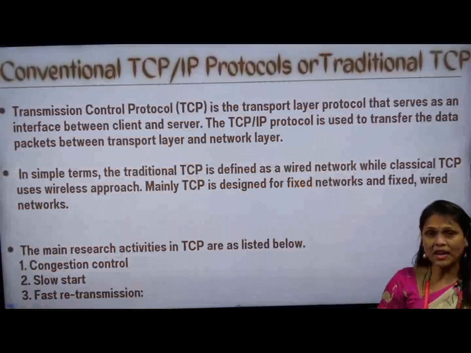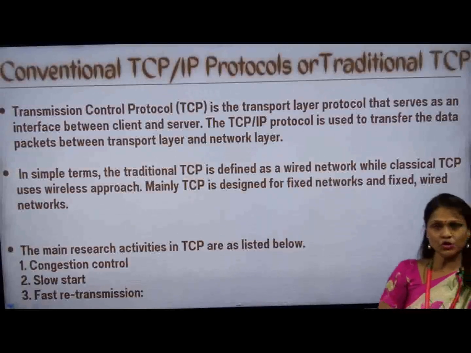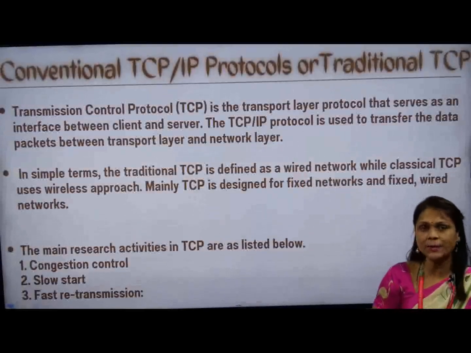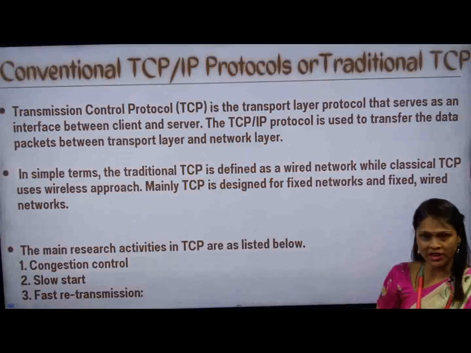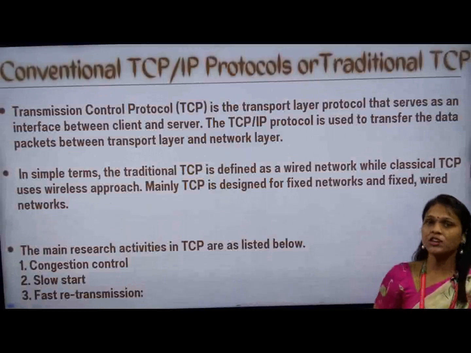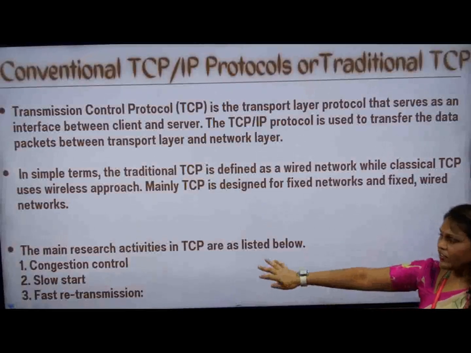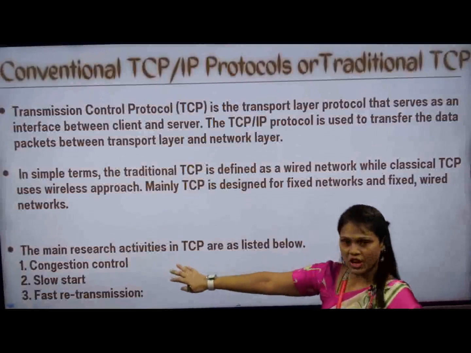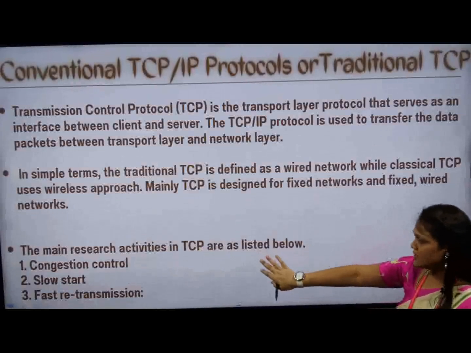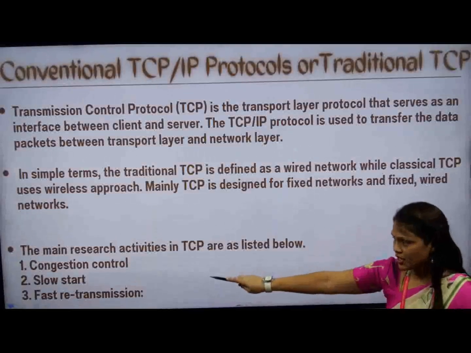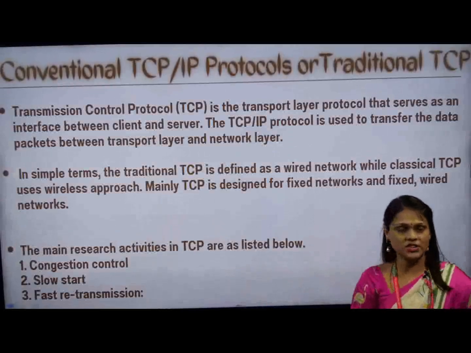So what are the main things we need to focus on when we are using conventional TCP/IP for communication between two different layers? Now they are divided into 3. The main research activities in TCP are listed below, that is congestion control, slow start and fast retransmission.